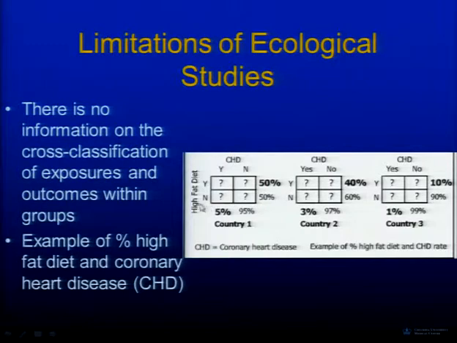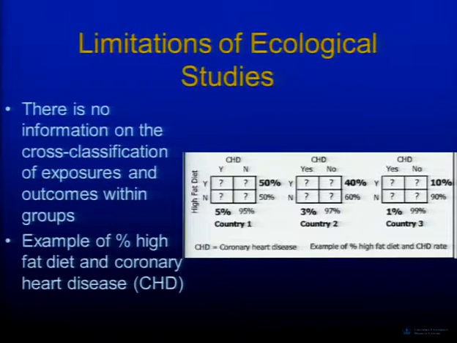But what we don't know is, within each of these cells, are the people that say yes to coronary heart disease actually the ones that have the high-fat diet? We have no clue. We just know that on average that country has a higher fat diet, and on average they have higher rates of coronary heart disease.